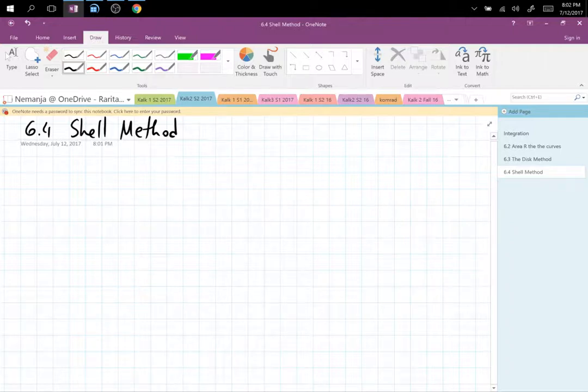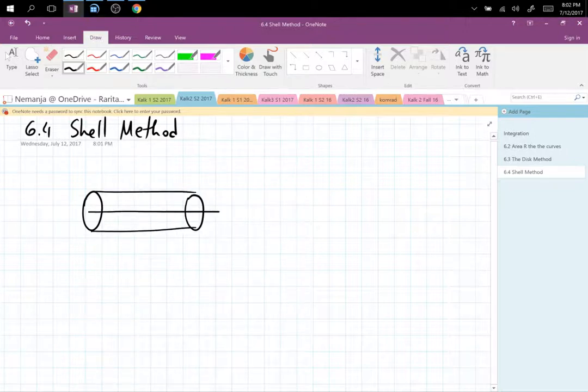So what we studied earlier is the disk method, also the washer method, and we know that we cut in a way to get disks. So if I had, let's say, a cylinder, right, there's an x-axis there with the rotation.